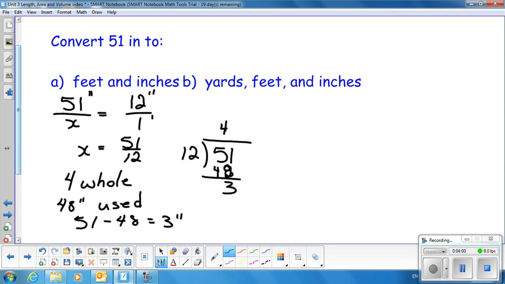For changing now into yards, feet, and inches, I know that 51 inches is 4 feet, 3 inches. From the 4 feet, I know that it takes 3 feet to make a yard, so I can break these 4 feet into 1 yard and 1 foot left over, and then I have 3 inches. So it's 1 yard, 1 foot, and 3 inches.